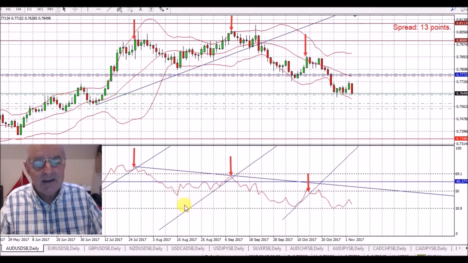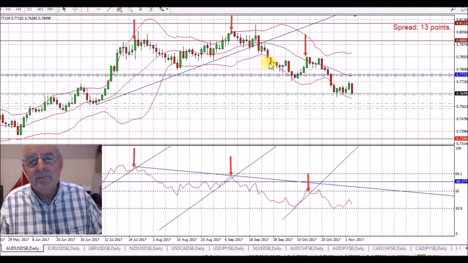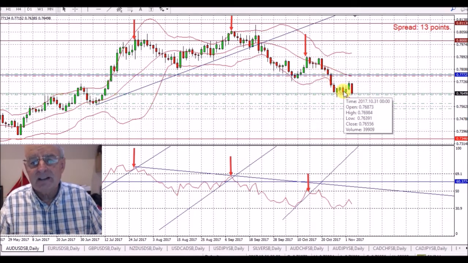The RSI came down, went up again, and we got another high there which got broken, and we got this very big move down. Then we had another move back up, and we got a sell signal here which gave us another move back down.